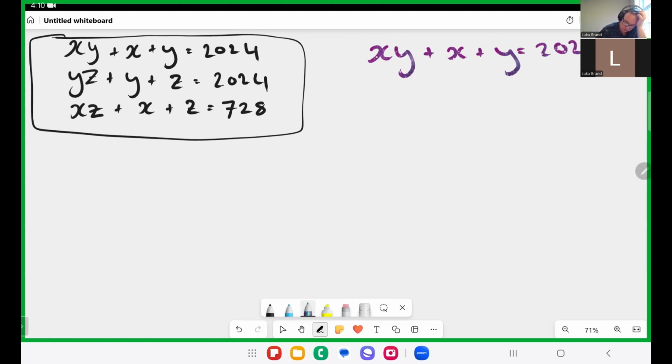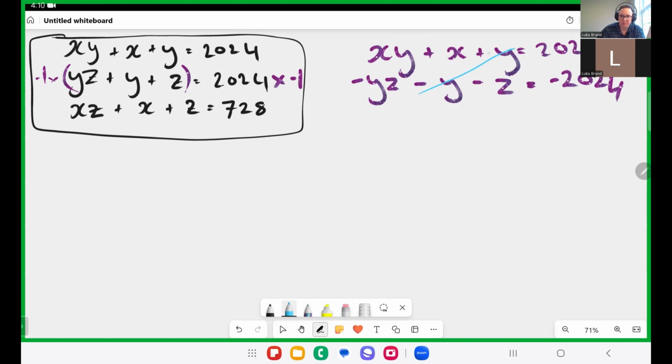So what I'm going to do is multiply this equation by -1. That would give me negative yz minus y minus z. The reason I'm doing that is because I want to get rid of some of these variables. So I can get rid of those two because plus y minus y equals 0.